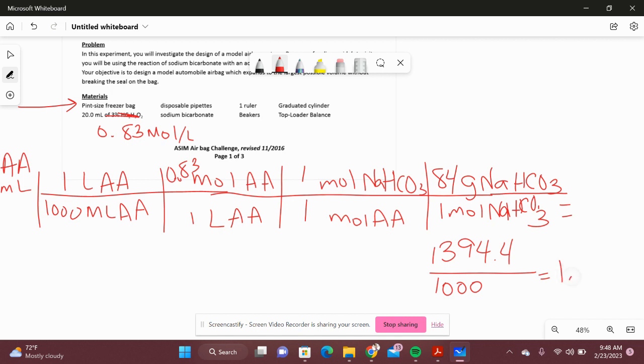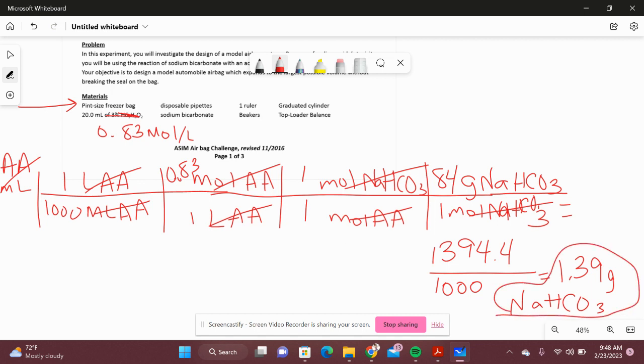That equals 1.39 grams of sodium bicarbonate. All of those units cancel out. So I'm going to need 20 milliliters of acetic acid and 1.39 grams of sodium bicarbonate.